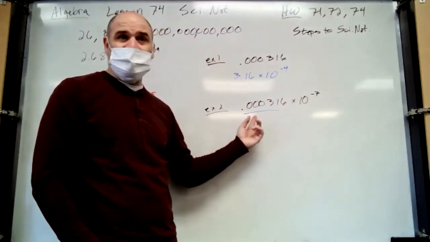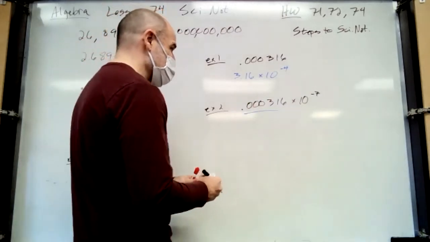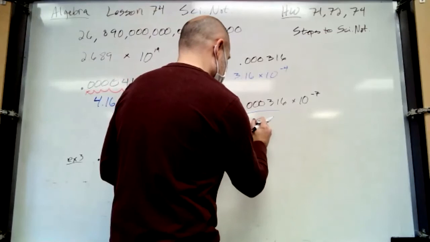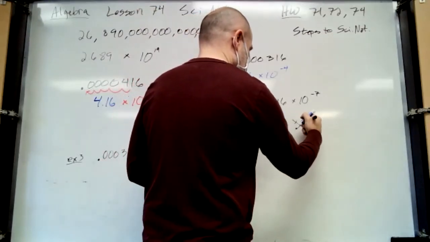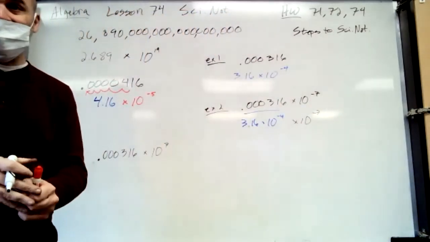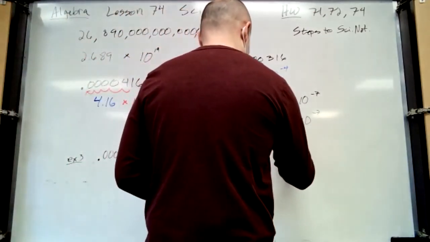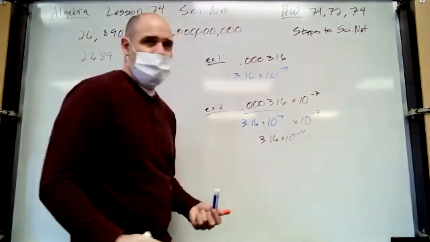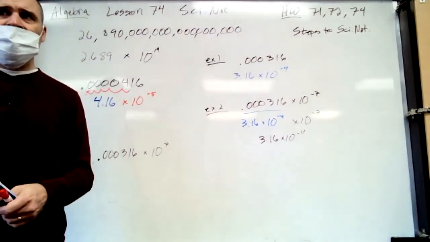So I would just start there. Well, we already know what that is. That's just 3.16 times 10 to the negative 4th. But that's all times 10 to the negative 7th. Does that scare you? Yeah, you just add the exponents. That's it. 10 to the negative 11. That's not bad, right? Can you guys handle that?